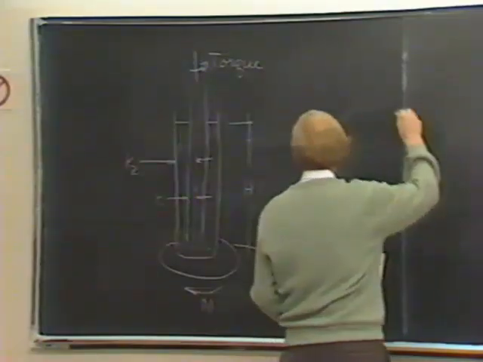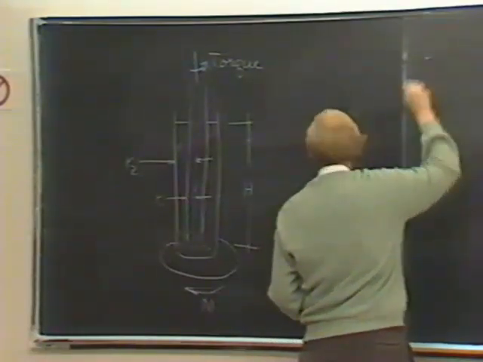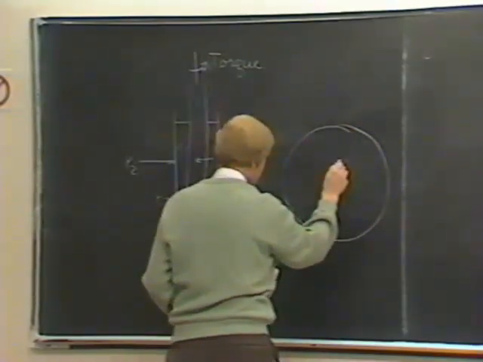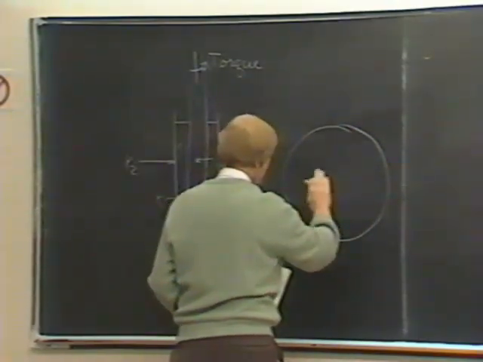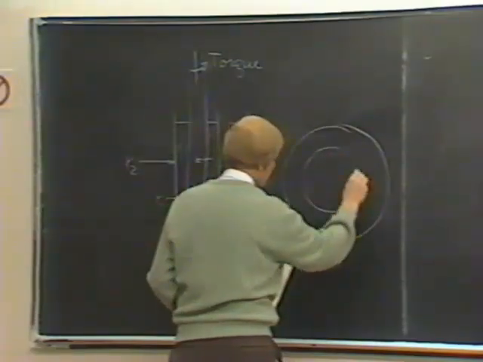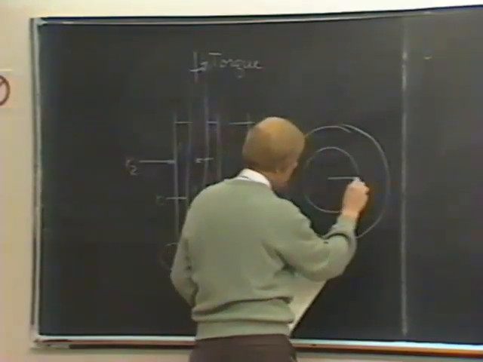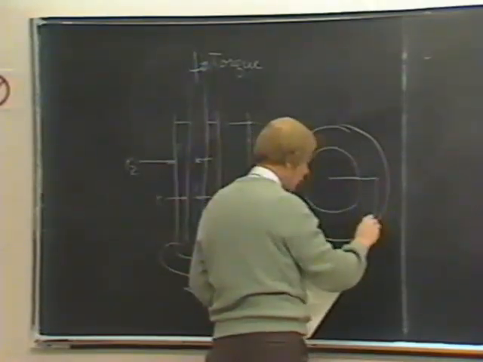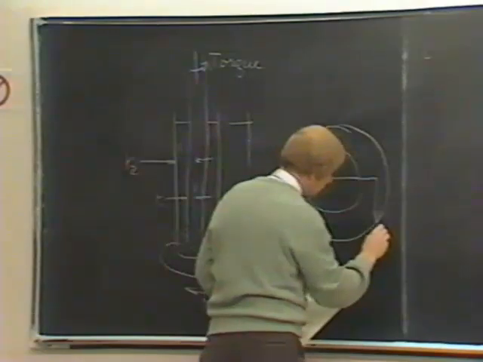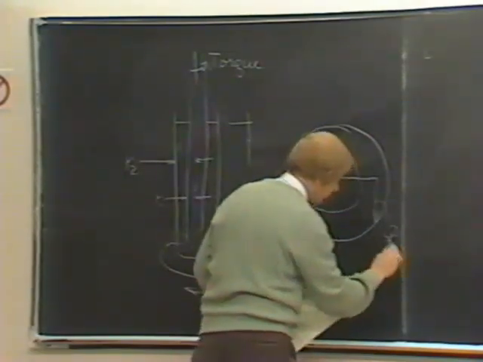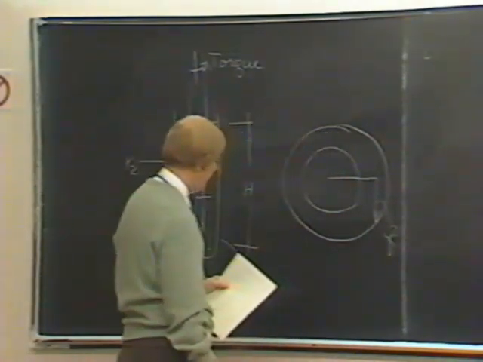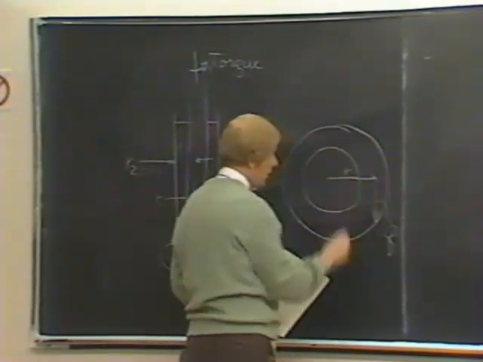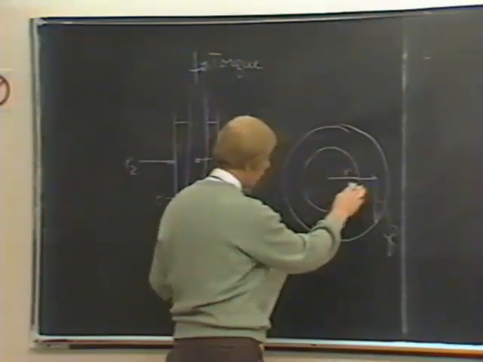Now Bingham's relation for this circumstance, I'll draw an enlarged top view of this. At any distance out r, the tangential velocity we'll call q, at any r between r1 and r2.